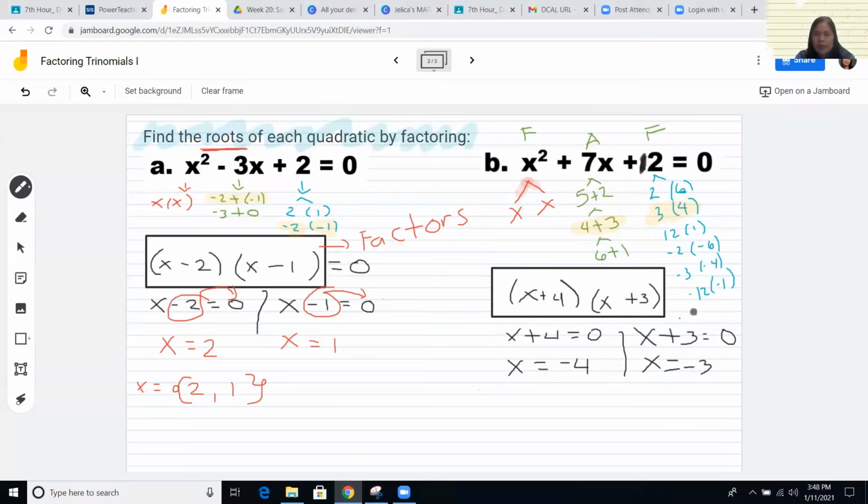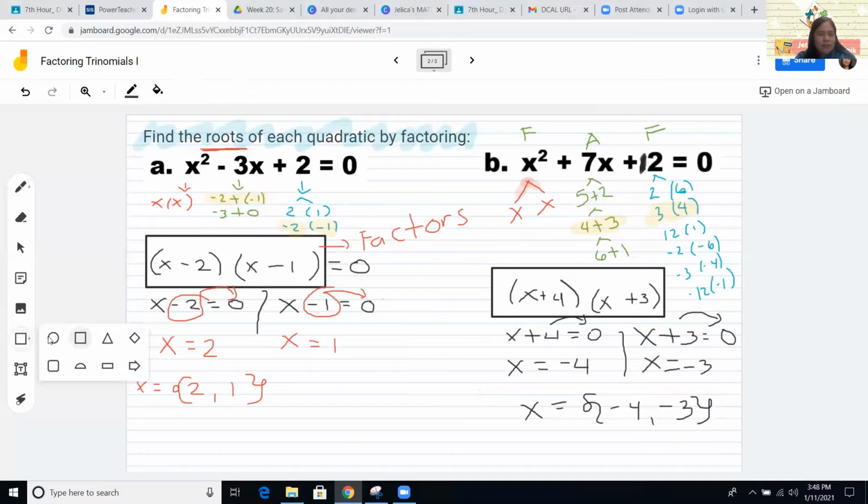Let me just put an arrow in here so that you will not get confused. Why did it become negative from positive? Because it crossed the equal sign. And then we may also write our answer by using brackets. So we have negative 4 and negative 3 for our root solutions, x-intercepts, and zeros. Awesome. Let me just highlight our answer for the roots.